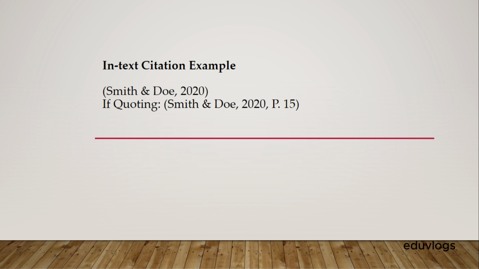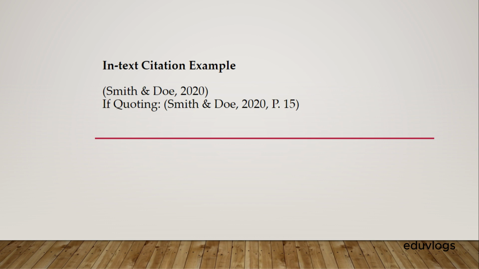Now, if you are doing an in-text citation, all you need to do is to say Smith and Doe 2020. So for the in-text citation, you don't need to put the initials. All you need to do is to pick the surnames of the two authors, put a comma, and then put the year.